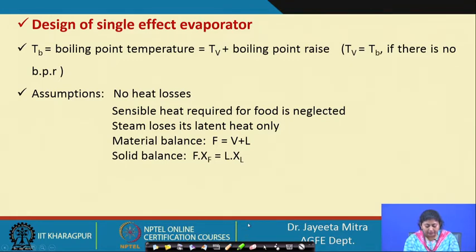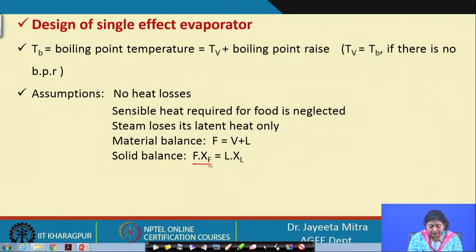Making the solid balance over the evaporator, the total solid in the feed, F into XF, will come out with the concentrate, L into XL, because there is no solid going into the vapor. So, F into XF equals L into XL.